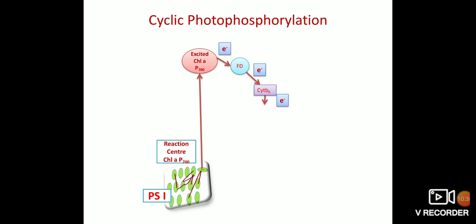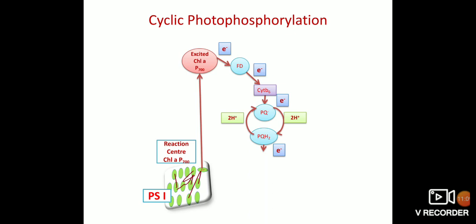cycle, in which the electron is first accepted by the plastosemiquinol, which also takes protons from the stroma of the chloroplast and gets reduced to plastoquinol, and this plastoquinol immediately liberates the electron and also the proton into the lumen of the thylakoids and gets oxidized to plastosemiquinol.